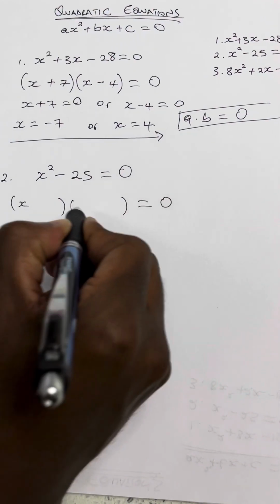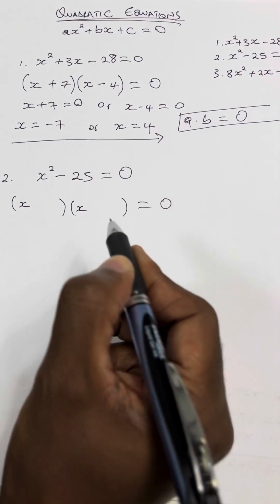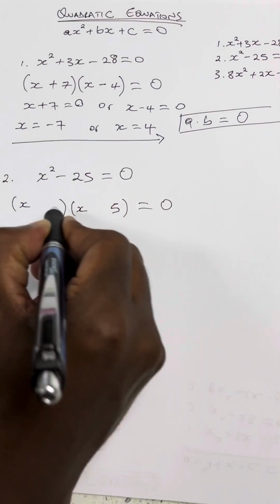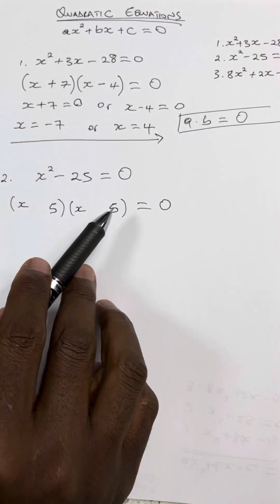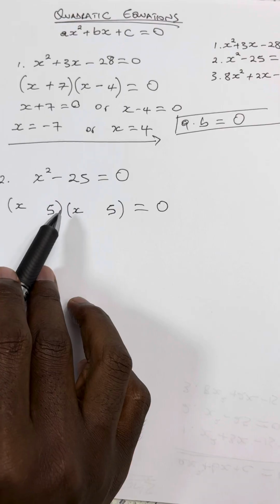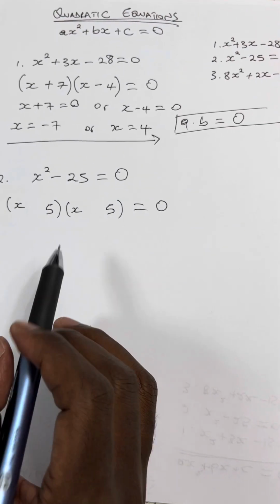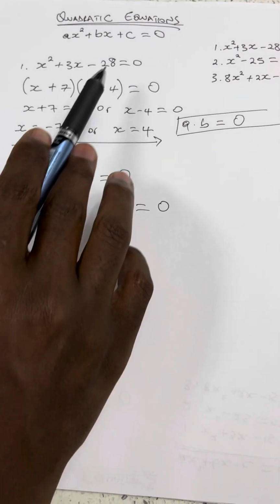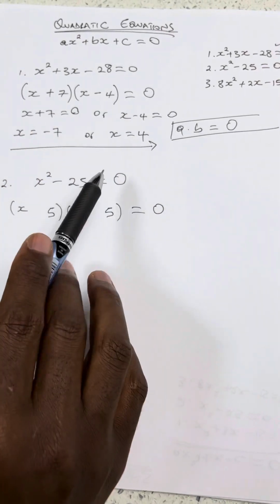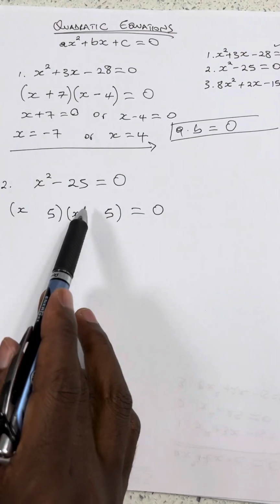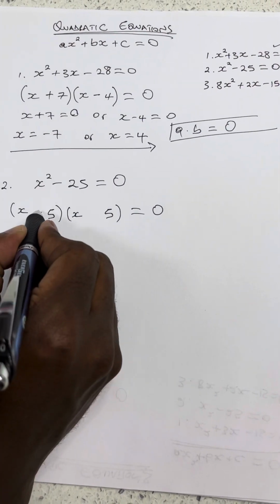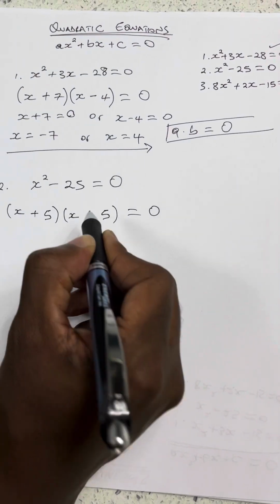So we want factors of 25 that, when you subtract them from each other, give you 0. That is 5 and 5, because 5 minus 5 is 0. Remember, we said if our constant is negative, like here, they will have different signs. So one 5 is positive, the other 5 is negative.